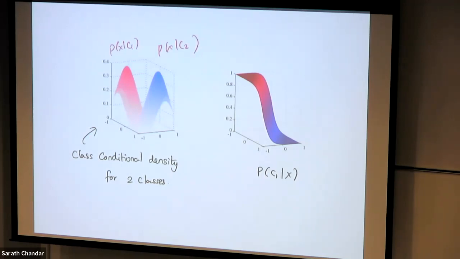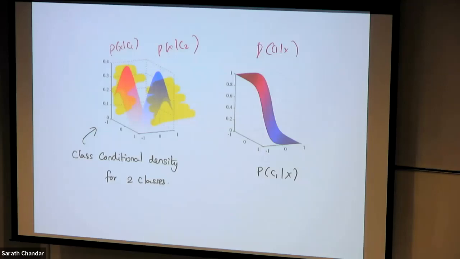Now you use Bayes' rule and compute the update equation for GDA. So then you get this P of C1 given X. Now you can see that in this specific region, it is more of class 1, and in this specific region, it is more of class 2.